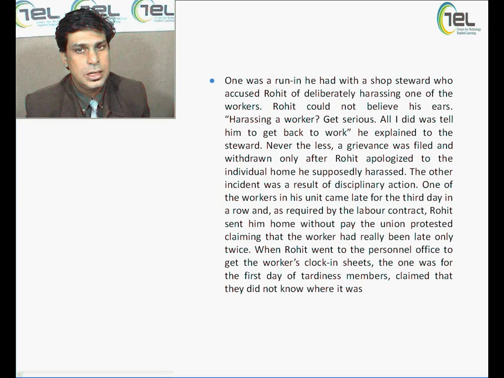On the other hand, a worker who has been walking in late has been penalized by him as per the rules, but his case is not supported by the HR department, who have not kept their records in place properly. And due to this, he has to take back the punishment that he has given. In other words, he has to pay the worker for the unpaid leave which he had put him on.